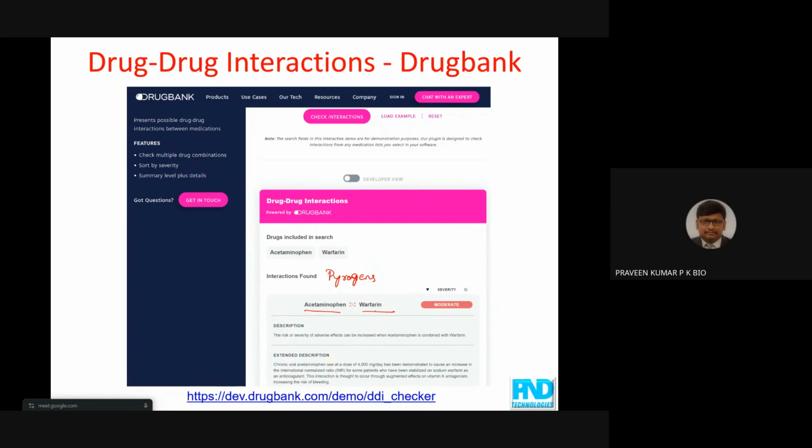The name itself implies war: in the Second World War many got injured, so they were given a drug called warfarin, which acts as an anticoagulating agent. Acetaminophen and warfarin have a moderate adverse effect, but some drug combinations give severe adverse effects, so those should be avoided.